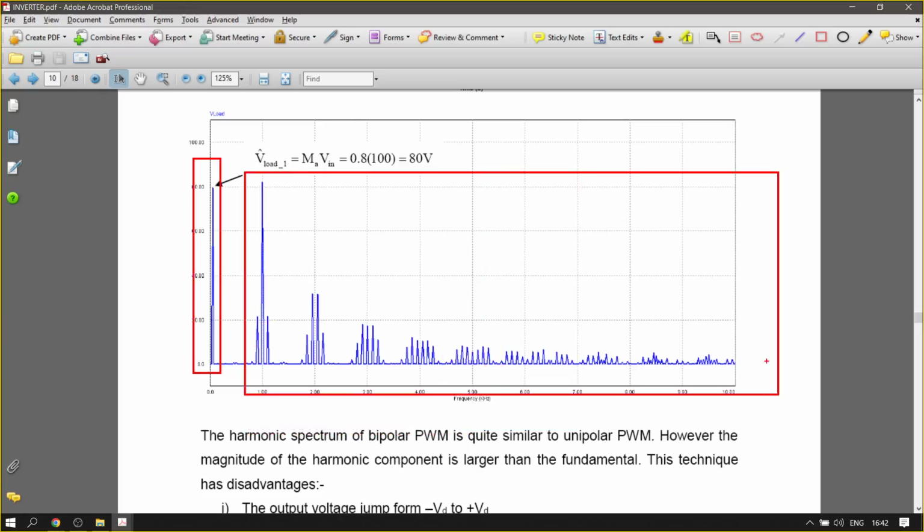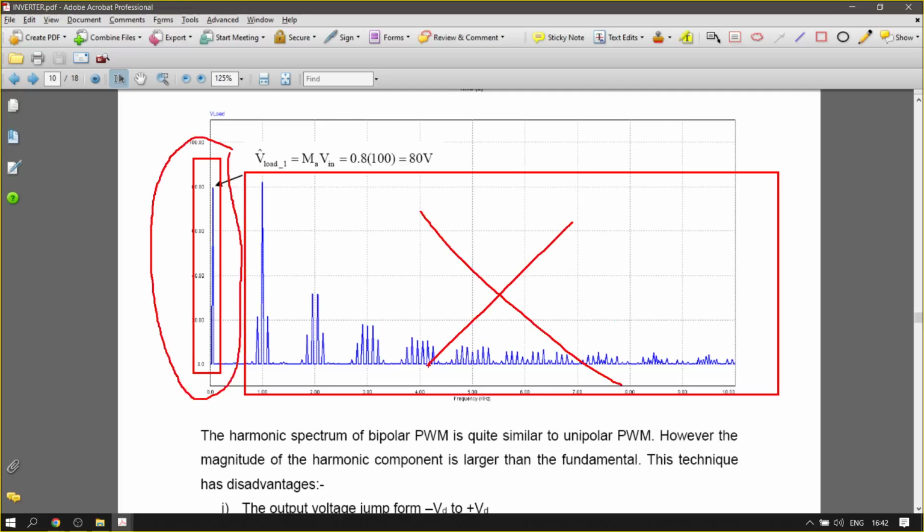Okay, so bayangkan kita ada filter, low pass filter, which means you just pass the low frequency and you attenuate ataupun you delete or you remove the high frequency components. So apa yang jadi bila you remove this?